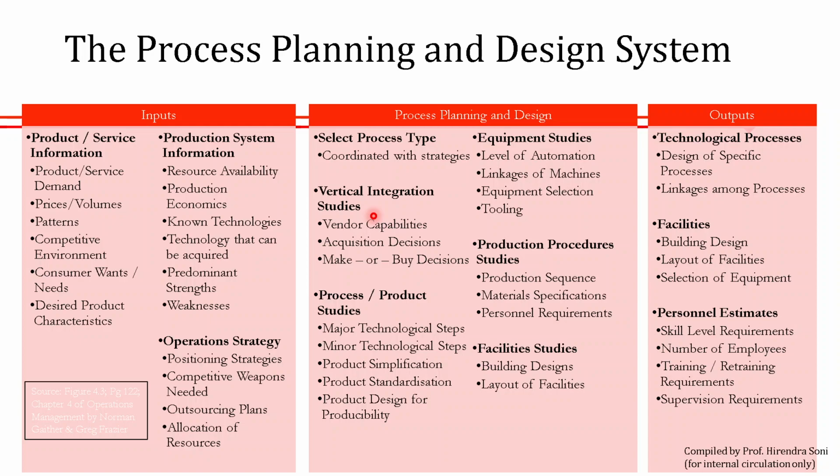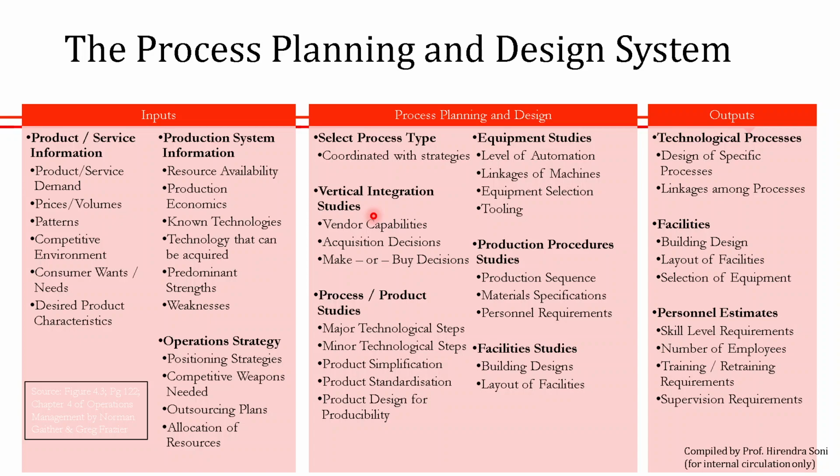Whether I should make the raw material myself or buy it from outside? If I want to set up capital equipment which I'm going to use for manufacturing, should I make it in-house or buy it from outside? Those kinds of decisions are also taken up.